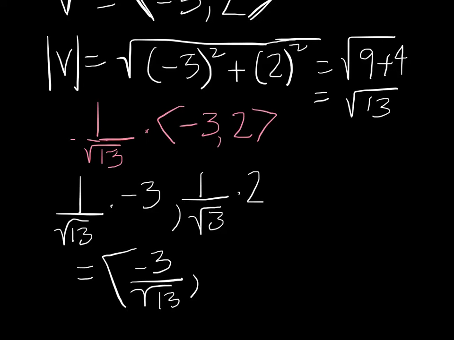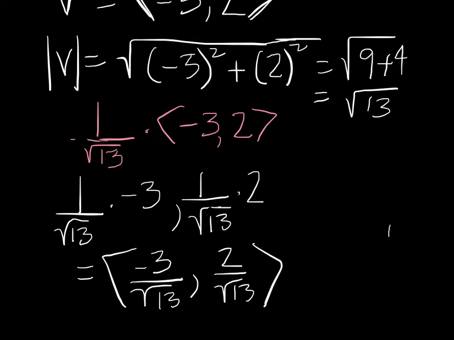You do the same thing on the second, the b component. 1 over the square root of 13. Oh, I wrote this wrong. This is the square root of 13, not 3. Multiplying 1 over the square root of 13 times 2 is 2 over the square root of 13. Okay, this is the unit vector. This is the vector v in unit form. Just the same, just a different form.